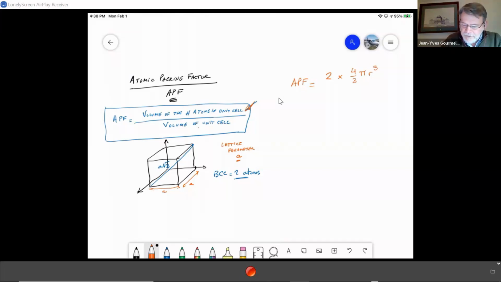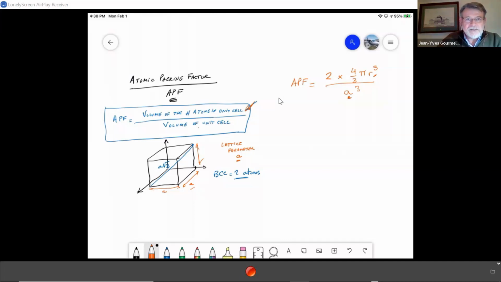So now the denominator. The denominator, we see that we have a cube. So the denominator is the volume of a cube, the volume of a unit cell. Remember, this cube is called the unit cell. It's a cube, right? I'd love to solve this, but I've got a little problem here. I've got a radius here, and I've got a lattice parameter here. So how do I relate that?